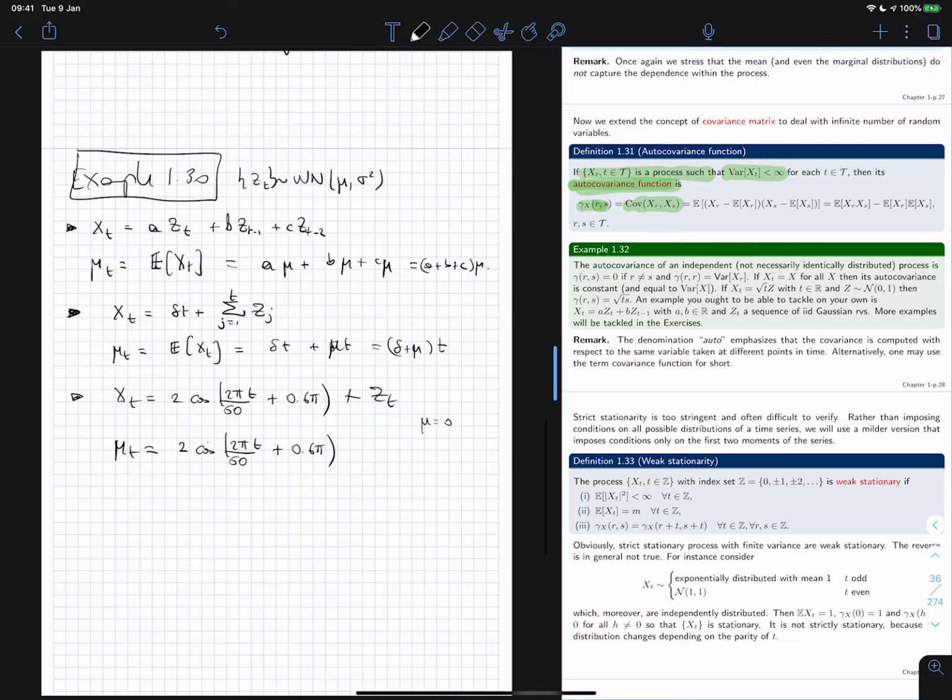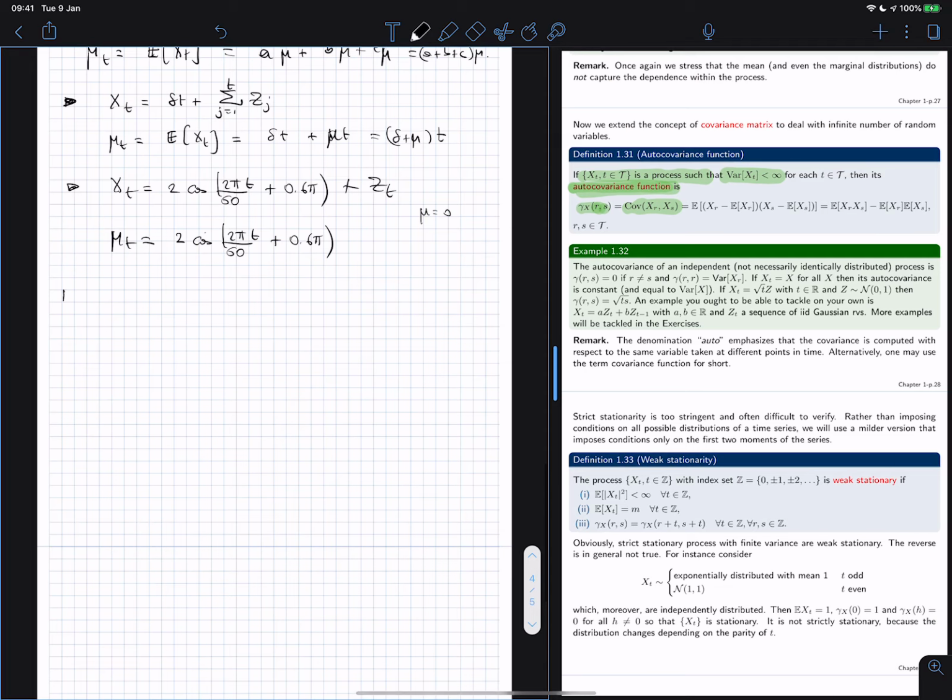Definition 1.31. The covariance function or autocovariance function.